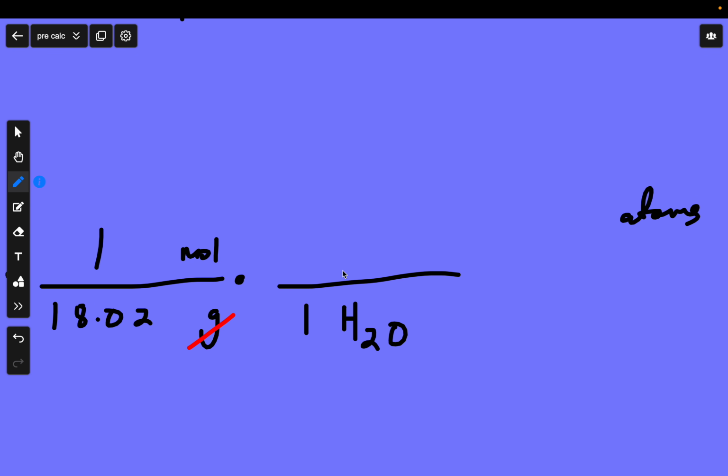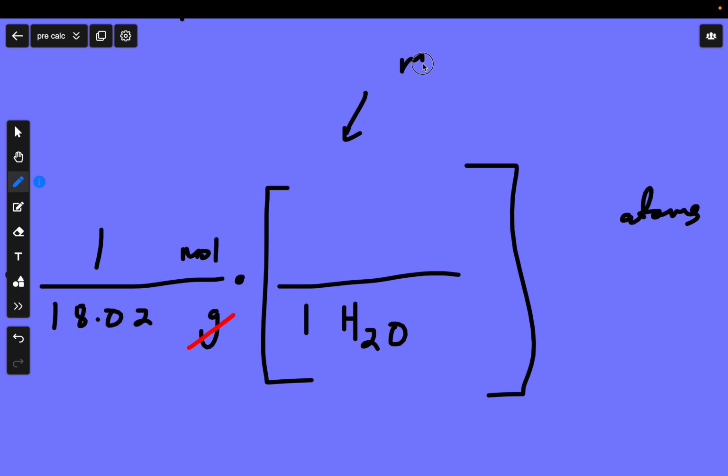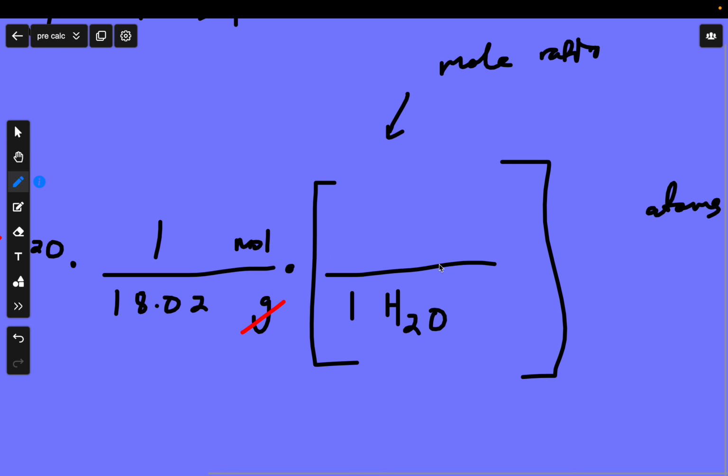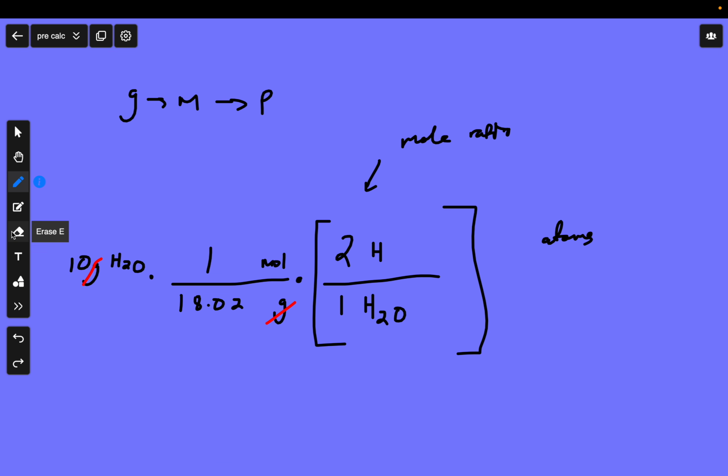This is called a mole ratio, what I'm about to do right here. Pretty advanced, well, not crazy advanced, but a mole ratio. In 1 H2O, there are 2 H atoms, right? Because H2. That's what I need you to understand. So now we've got the atoms conversion part done.